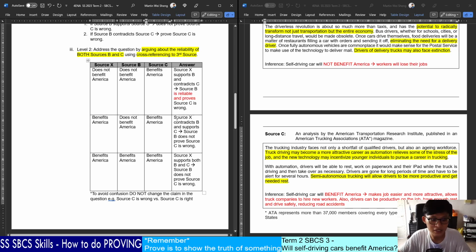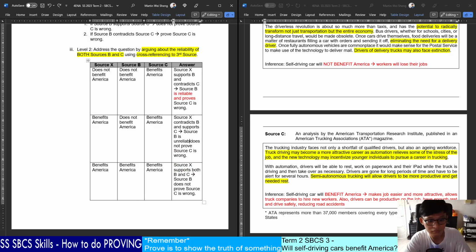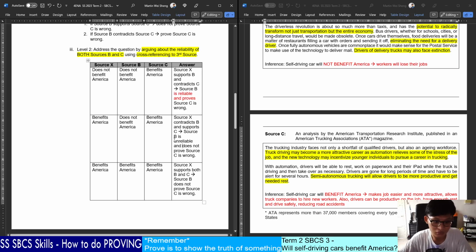So in this case, source X contradicts source B and supports source C. So source B is unreliable and does not prove source C is wrong. So you have to remember this.